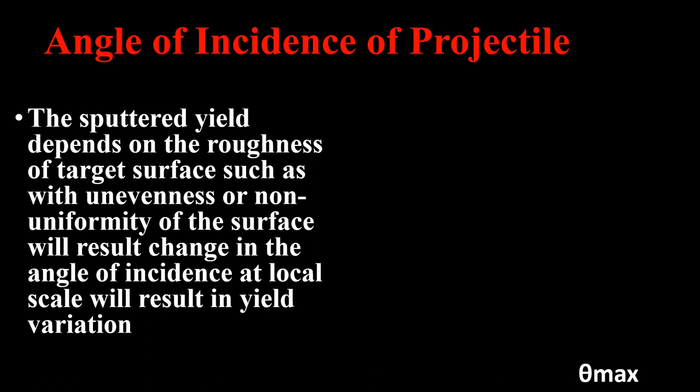When the source material gets evaporated at a certain angle of incidence of ion, it travels toward the substrate. Here there is also a concern about the surface of the substrate on which it will deposit.